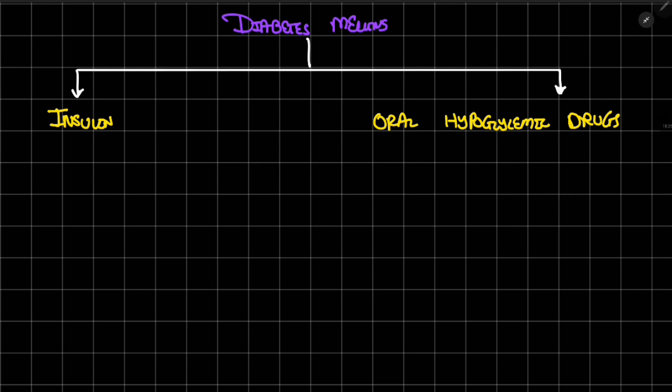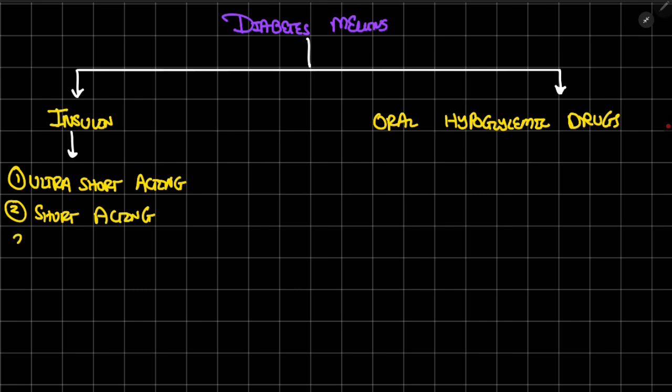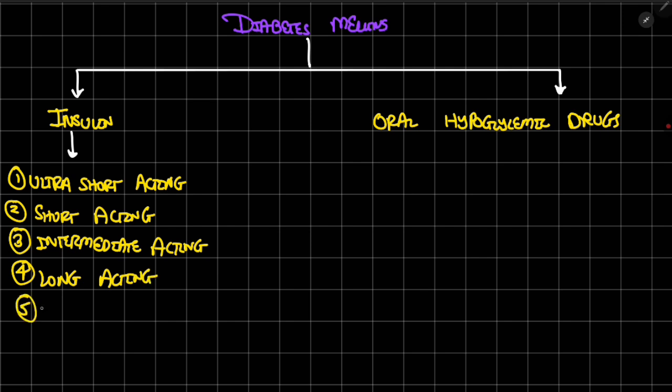Under insulin, we have the following classes: ultra short acting insulin, short acting insulin, intermediate acting insulin, long acting insulin, and ultra long acting insulin.